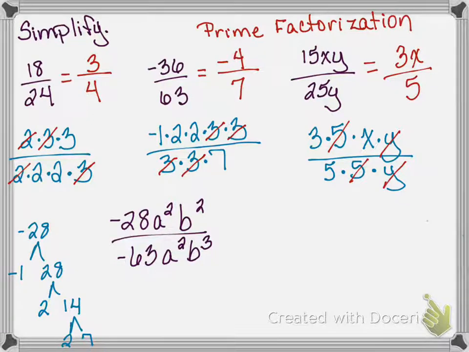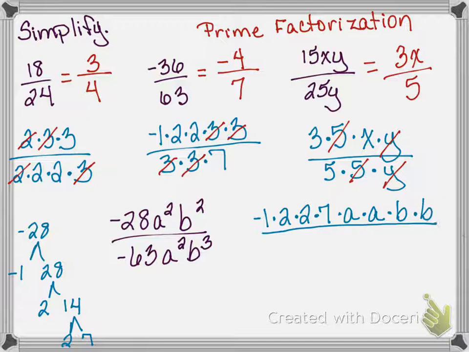Okay, so for my 28, I've got -1 times 2 times 2 times 7. I am going to write out these variables. A squared means A times A. B squared means B times B. And I'm going to write all of that over my negative 63. Now, what do I take out of the negative 63 first?